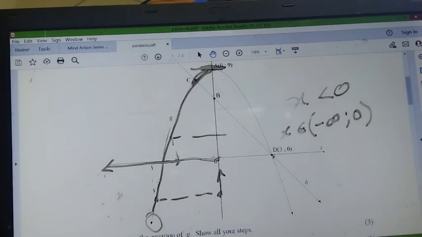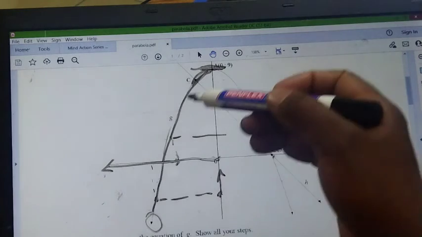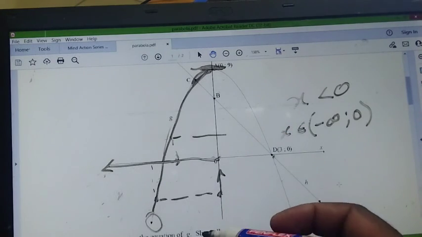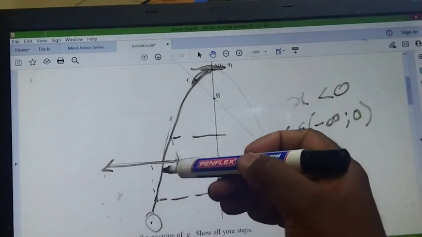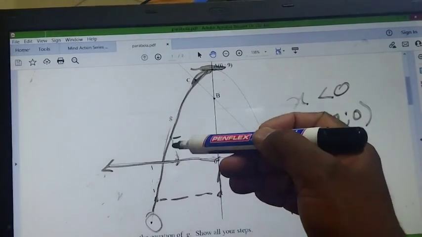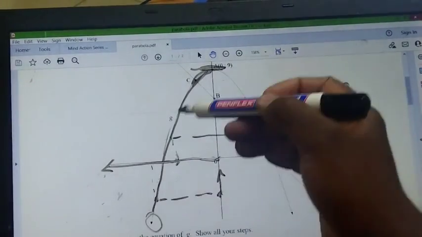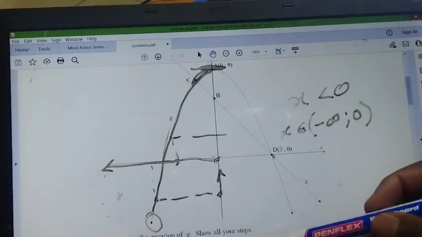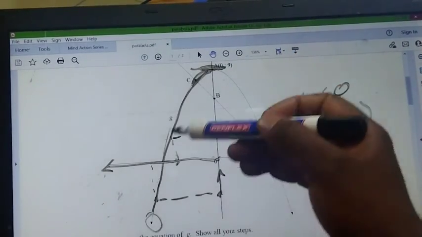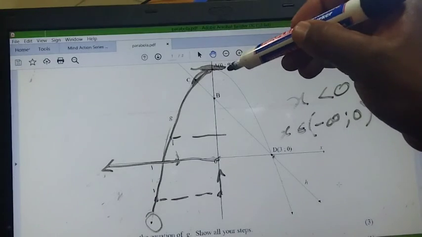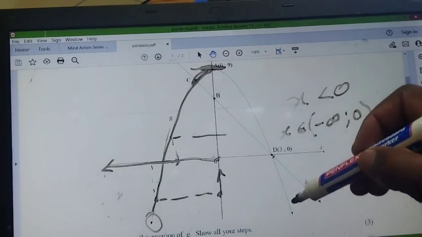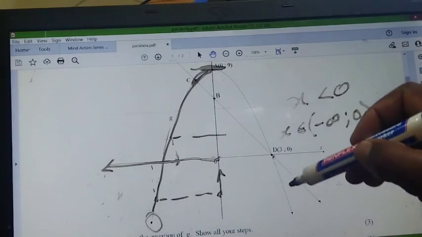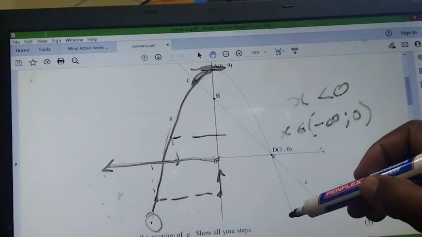The other way is also to look at the inclination. If the inclination is going up from left to right, that's what tells us that this is the increasing part of the graph. And from the turning point, the inclination is going down from left. So this is where the graph is decreasing.